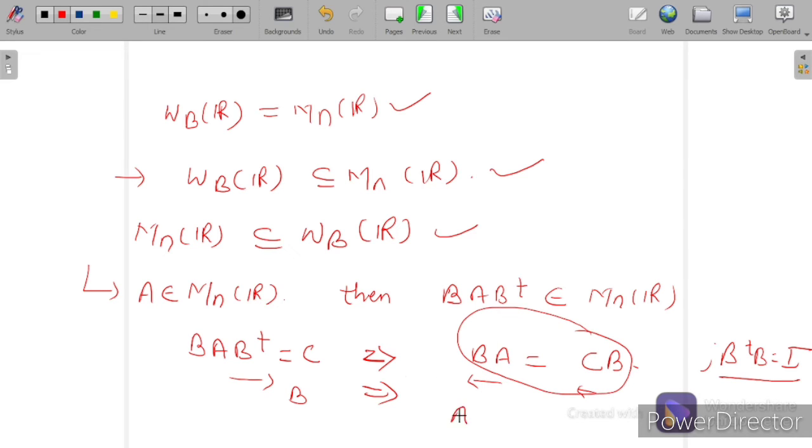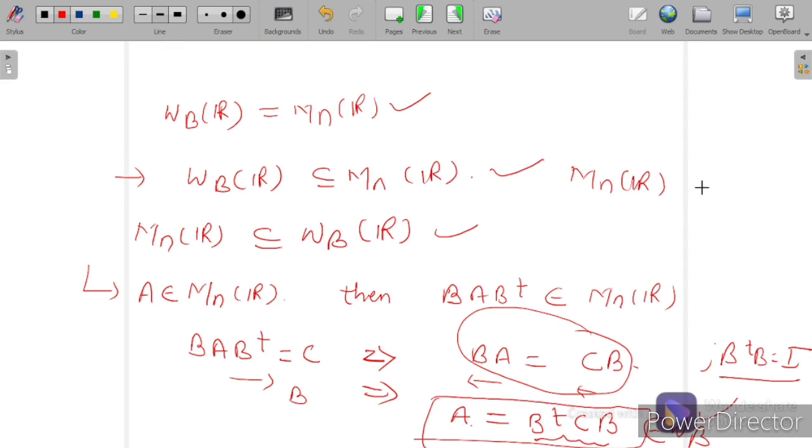We will get A equal to B transpose C B. But this matrix B transpose C B belongs to W_B. So this A belongs to the vector subspace W_B. So M_n(R) is contained in W_B.